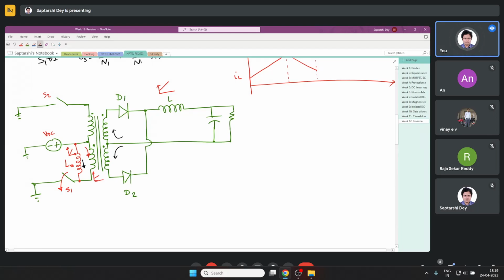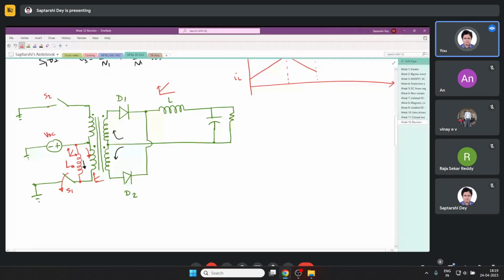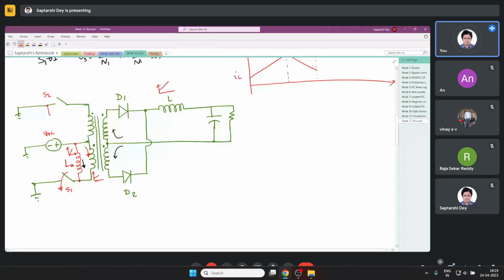Why? Because the magnetizing current was flowing before this one was opened, and the stored energy has to go somewhere. Since it has no path to go, it will quickly dissipate across the switches, and the switches will fail. So in a practical push pull converter, what you have to have is a diode.